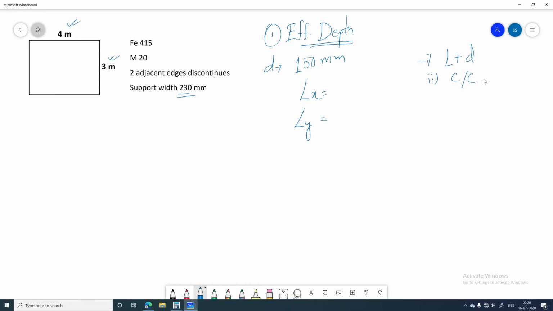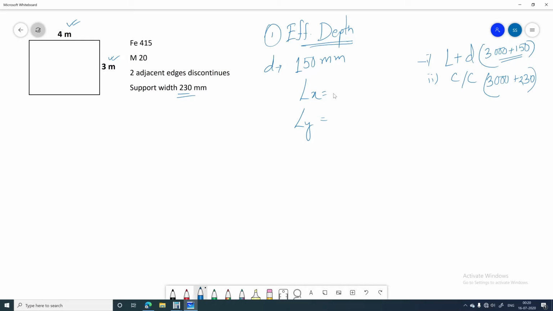So what is the center to center distance? If you consider the shorter span, it will be 3000 plus 230, and L plus d will be 3000 plus 150. So which one is the lowest value? This one.